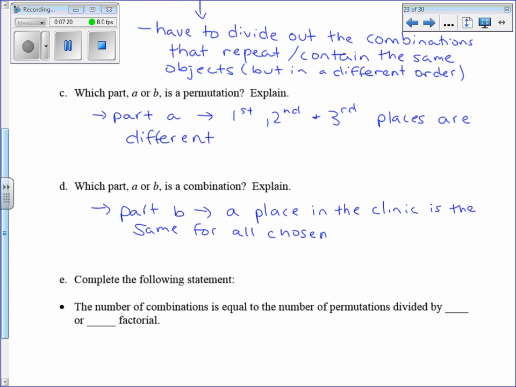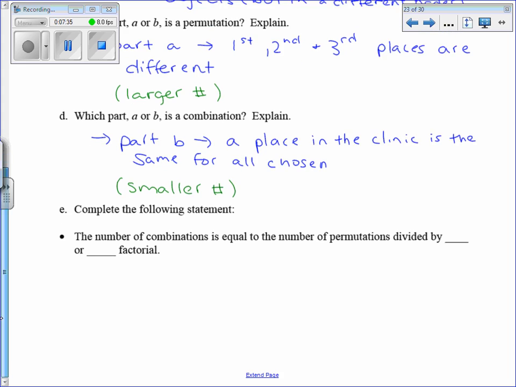Another thing to keep in mind is permutations will always be a larger number. Combinations will always be a smaller number, because inherent in the combination formula is dividing out the repeating combinations.